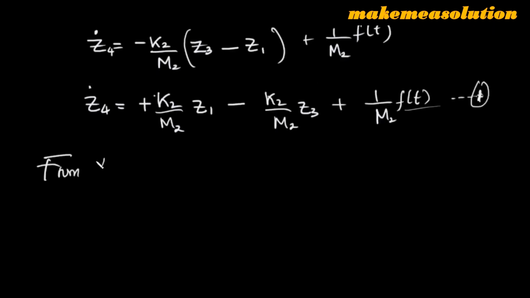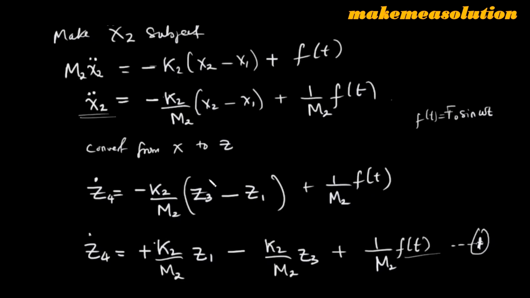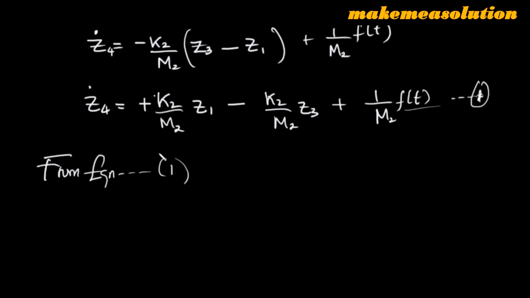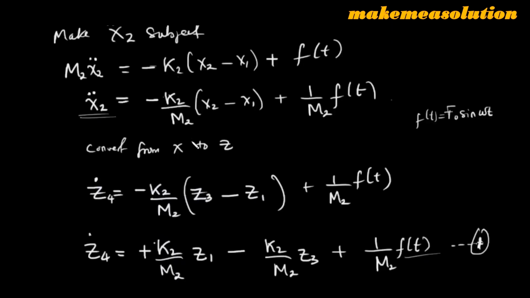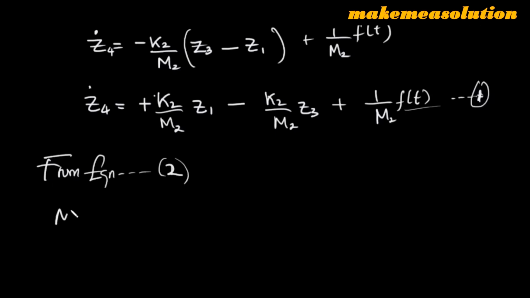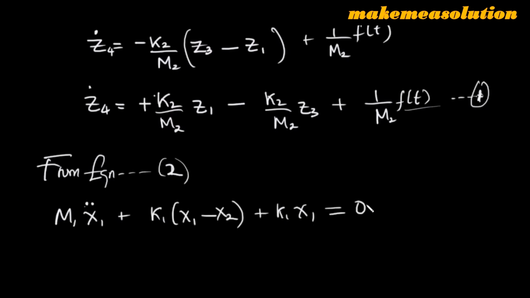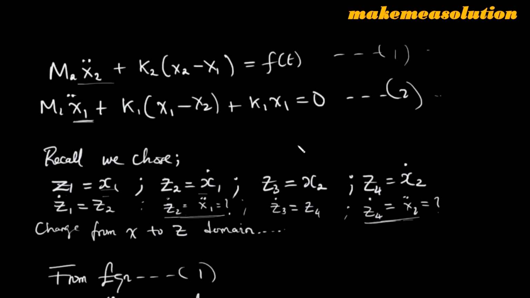From equation 2, sorry, you will have that m1 x1 double dot plus k1 into x1 minus x2, plus k1 x1 is equal to 0. I hope I got that right. Very good. So I got that right.